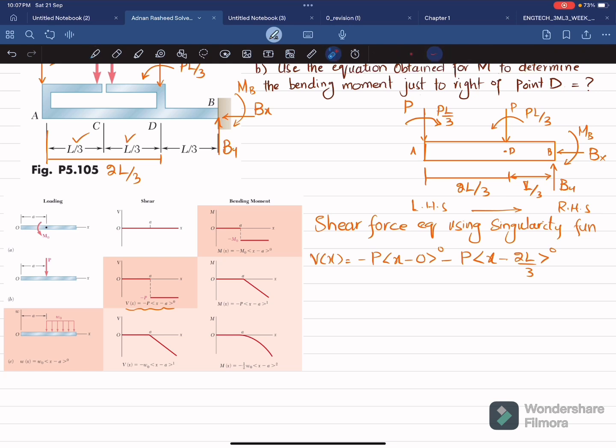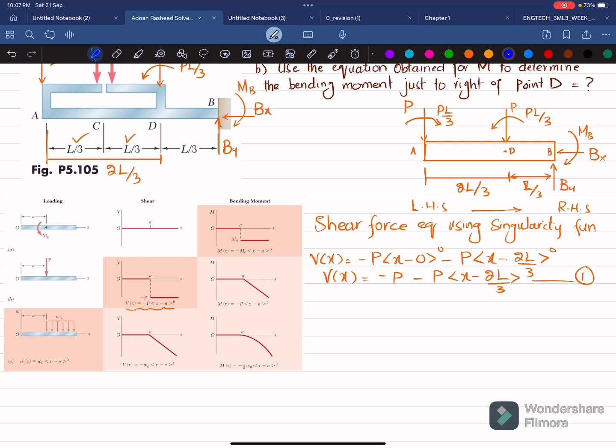And this moment is also having no shear force contribution. So V of x will be equal to minus P, and x power 0 is 1. So it will be minus P, and minus P into x minus 2L by 3 power 0. Let this be equation number 1, which is the required shear force equation using singularity function.